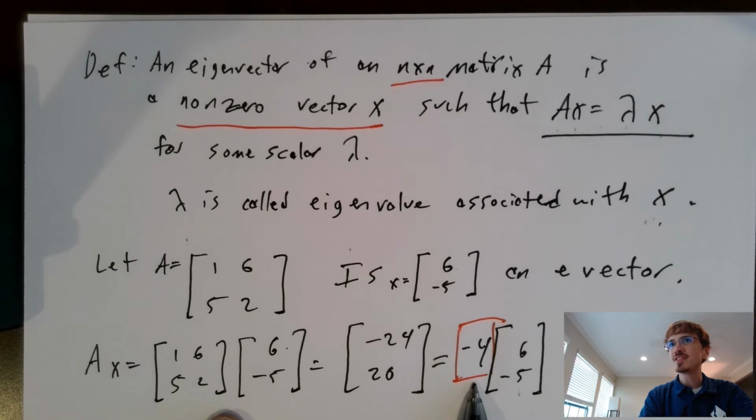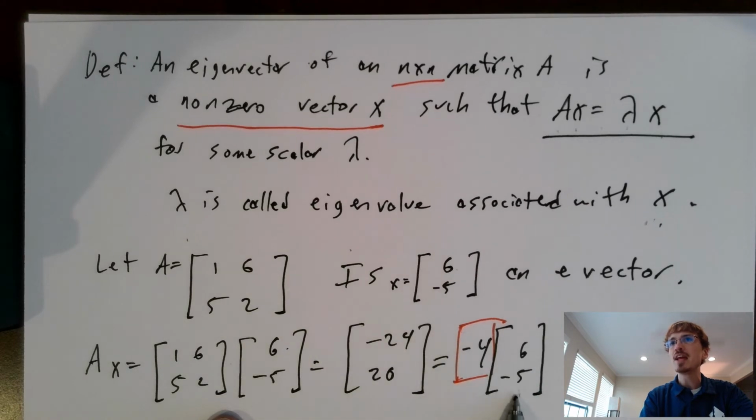All that it does is scale it, in this case by the fixed constant negative 4, but the vector itself has not changed direction, other than flipping, of course. The angle has been preserved. So eigenvectors mean that whenever you apply the matrix A, the direction stays the same up to some scalar constant. Hopefully that makes some sense.